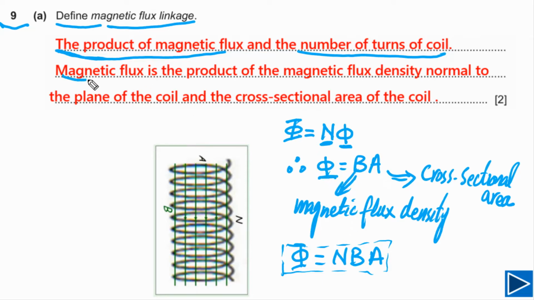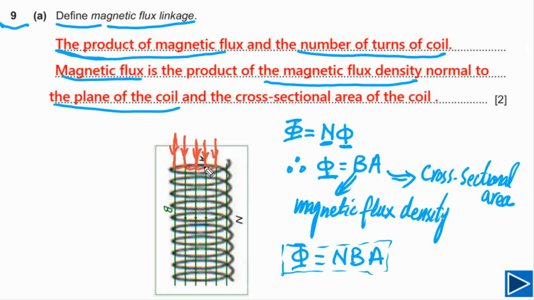So we have said magnetic flux is the product of the magnetic flux density normal to the plane of the coil. Very important point. You have to mention normal to the plane of the coil. Means these magnetic lines normal to the plane of the coil. So we have to consider this component of magnetic flux density.